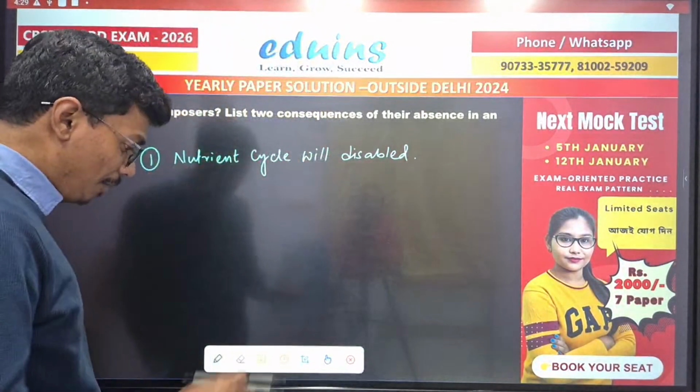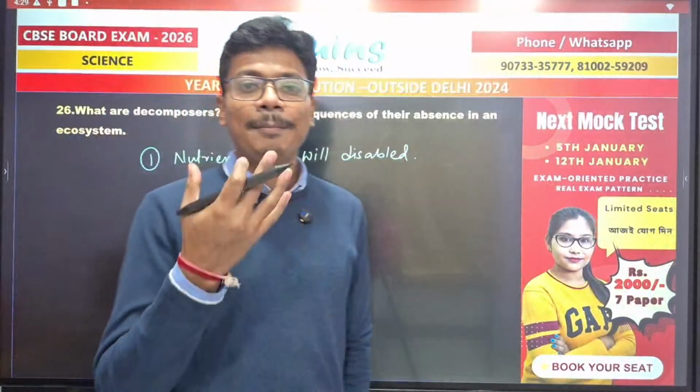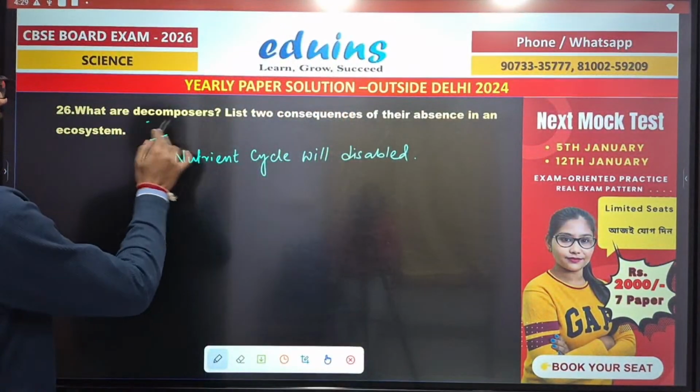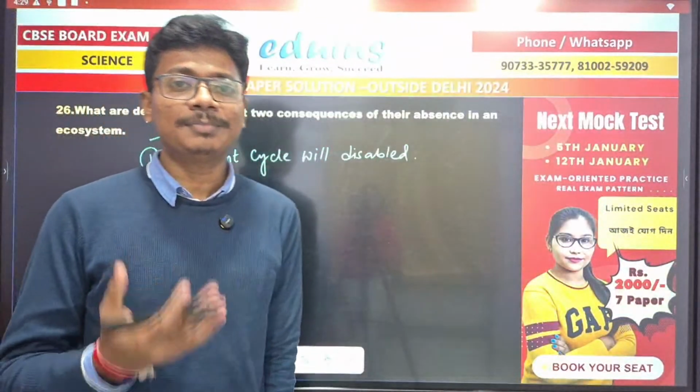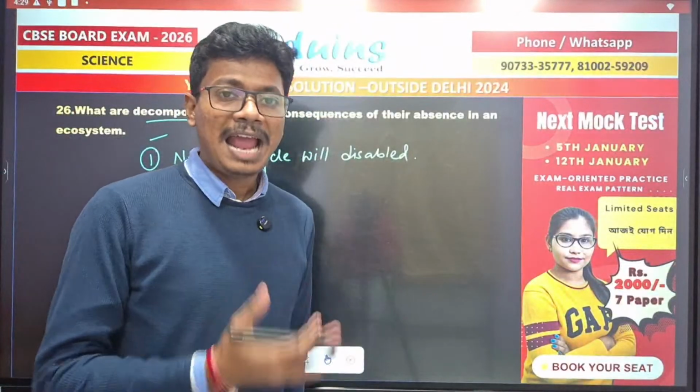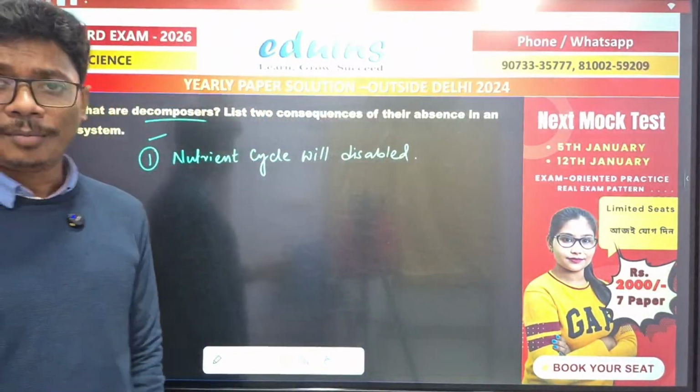How? The decomposers decompose the dead plant or animal's body, but without these microorganisms, the dead plant bodies and animal bodies will not decompose.